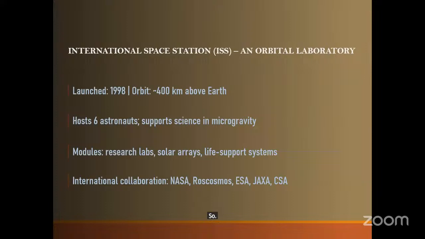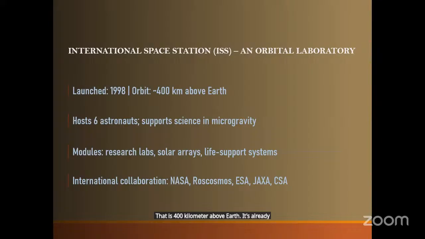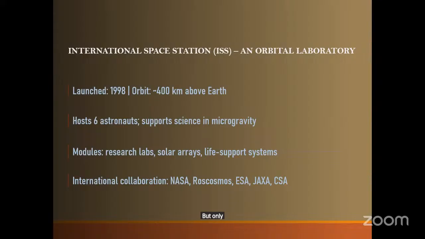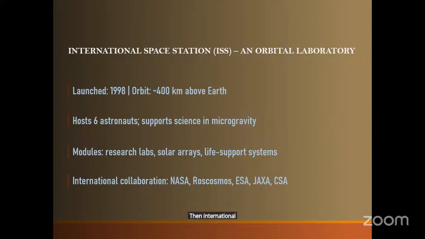Apart from that, I come to the International Space Station. It was launched in 1998, at 400 kilometers above Earth. As I already told, 6 people is the maximum for short durations, but 4 people can be accommodated very comfortably. It has a research lab, solar arrays, life support systems, and international collaboration among NASA, Roscosmos and others, as I already told, with 4 or 5 countries involved.